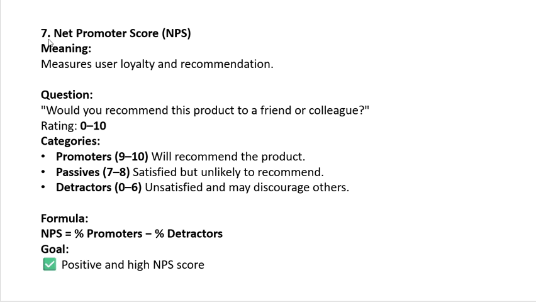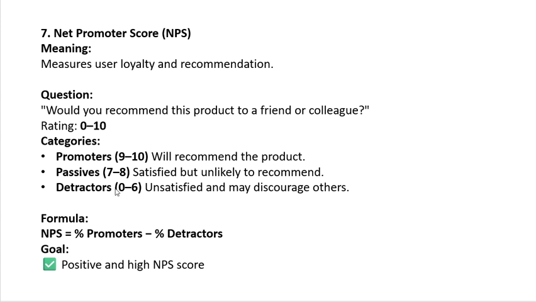And seventh and last is Net Promoter Score. This measures the user's loyalty and recommendation. The question is: would you recommend this product to a friend or colleague? The rating is 0 to 10. Promoters give 9 to 10 and will recommend the product. Passives give 7 to 8 and are satisfied but unlikely to recommend.